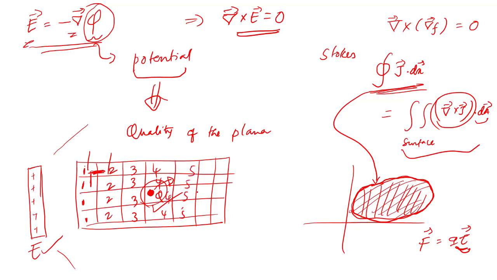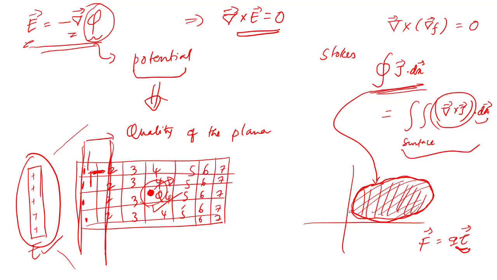I'm able to assign these numbers because the charge that is here is changing the plane around it, as it acts as a source for the electric field, right? So I can see that the potential here is not the same as here. That means there is some change, and the change between these two cells gives me the direction of the electric field, that it is going this way.